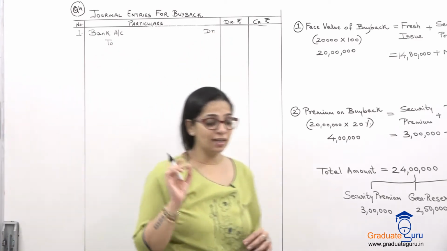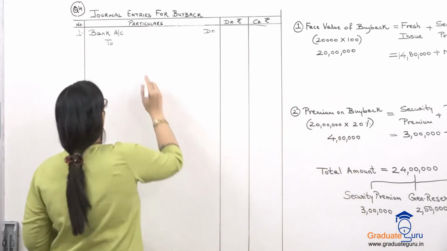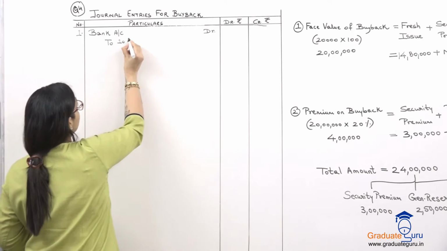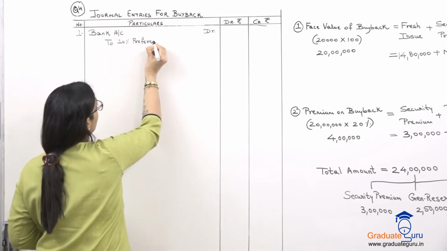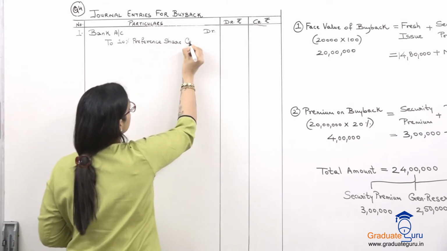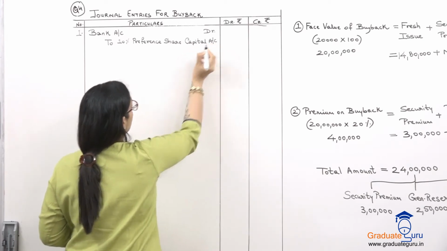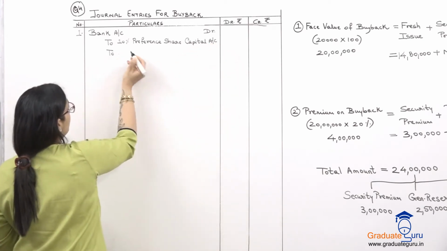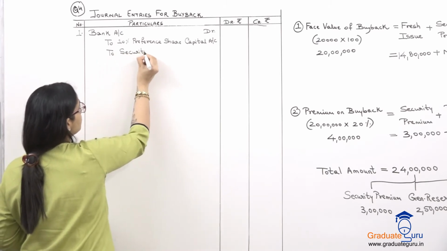They have given us the rate of preference shares, which is 10%. So to 10% preference share capital account, and there is also premium, so which we take to securities premium account.